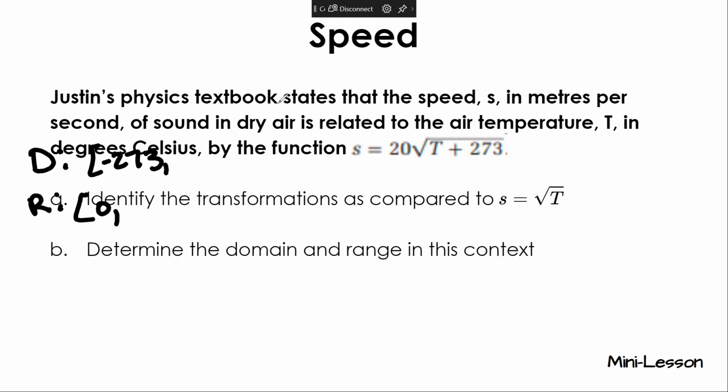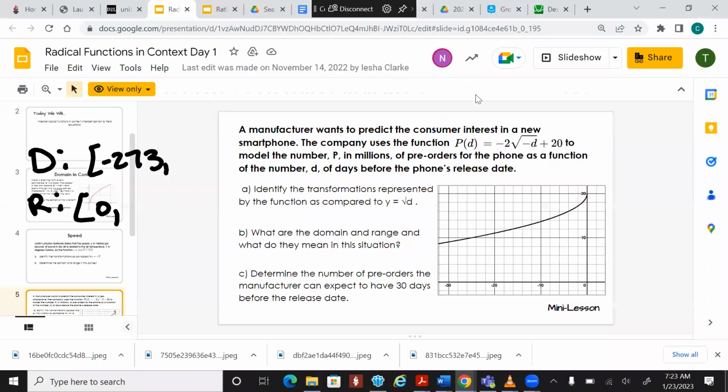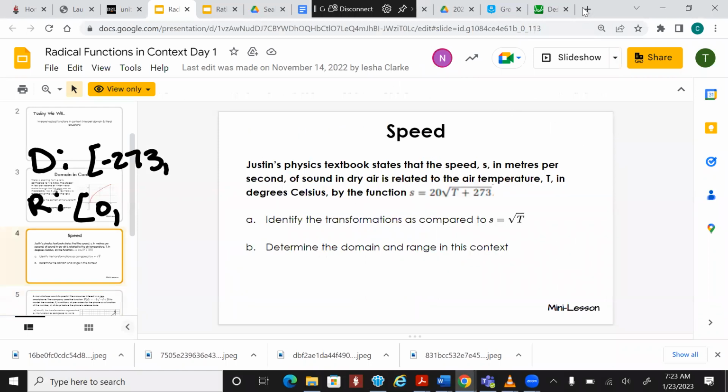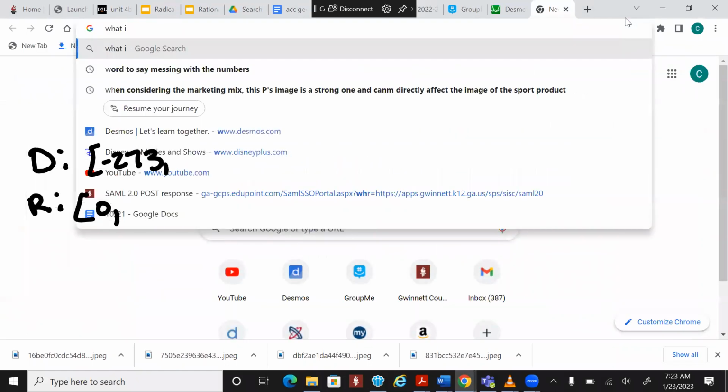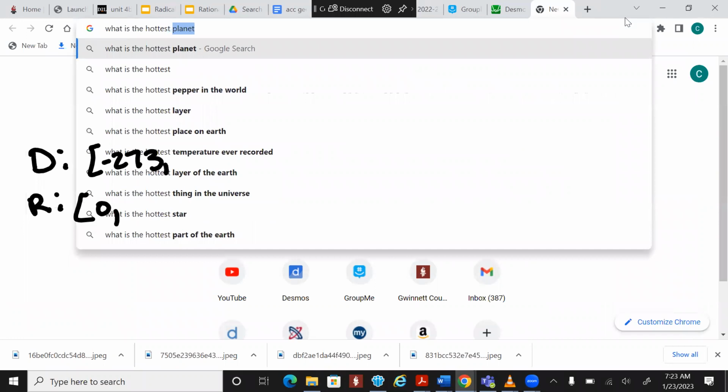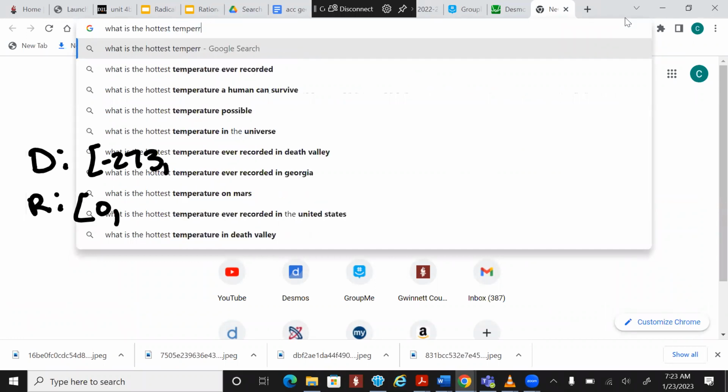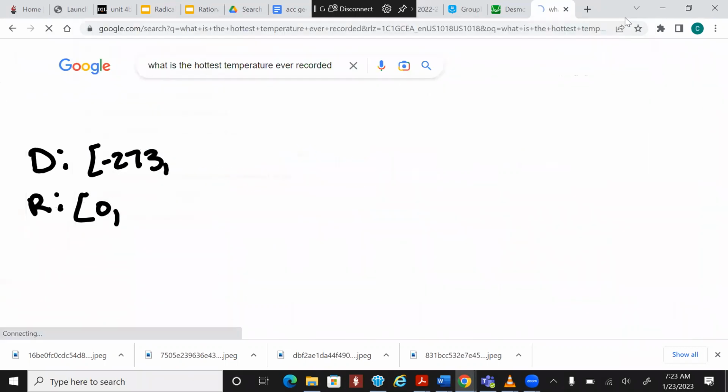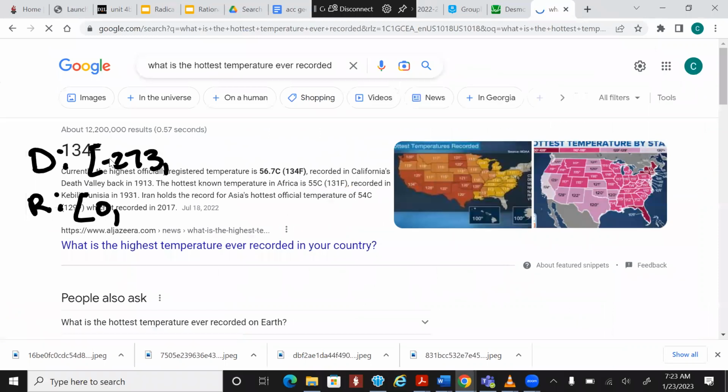We can look it up. Okay, so the hottest temperature ever recorded in Celsius is 56.7. So it can only go up to 56.7 potentially.